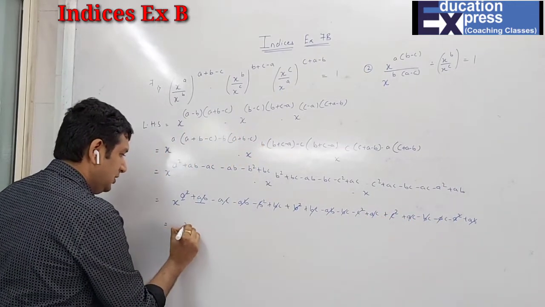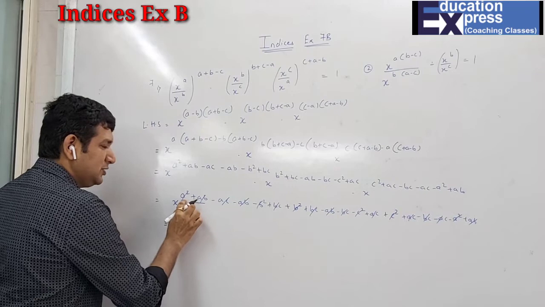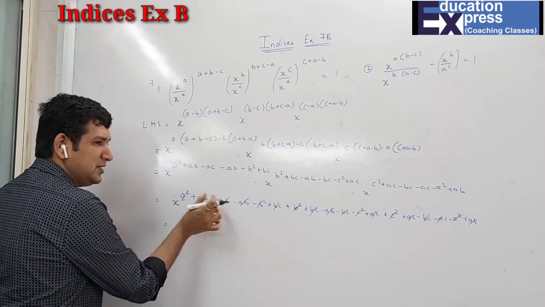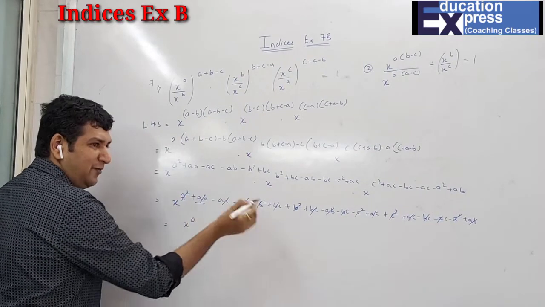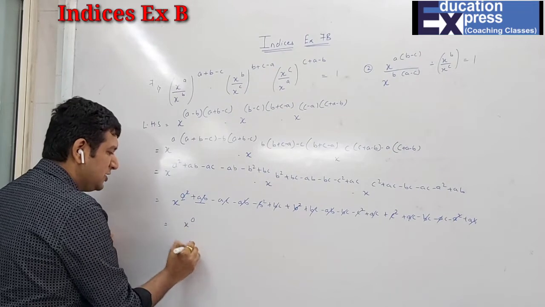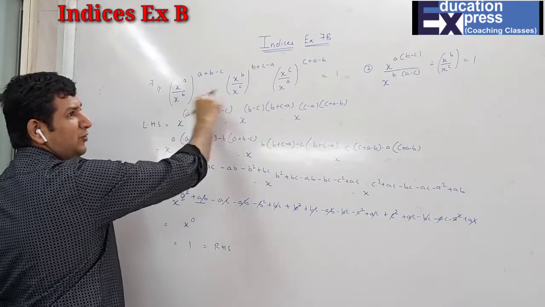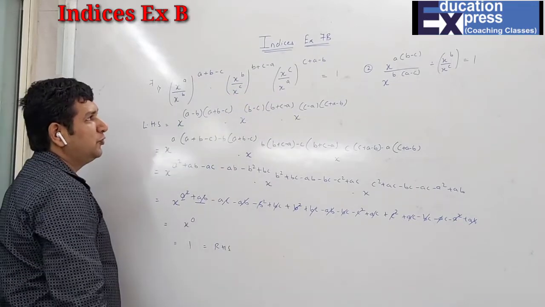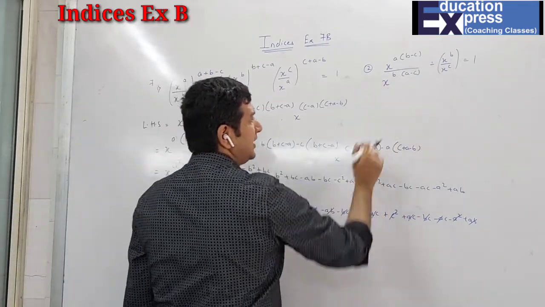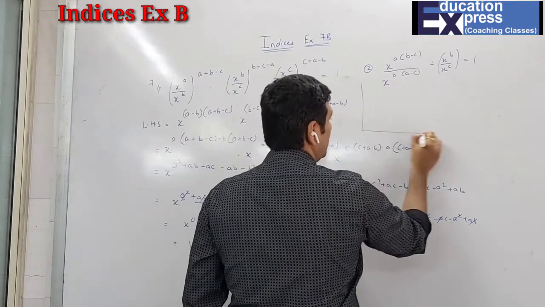Everything cancels. So if you subtract everything, the answer will be 0. N raised to 0 is 1, which is nothing but your RHS, and hence proved. Again you have to write this question up and then say it's proved. Now the second question, I'll do it over here.